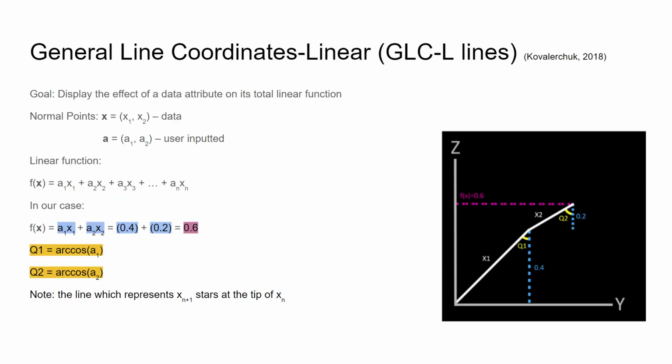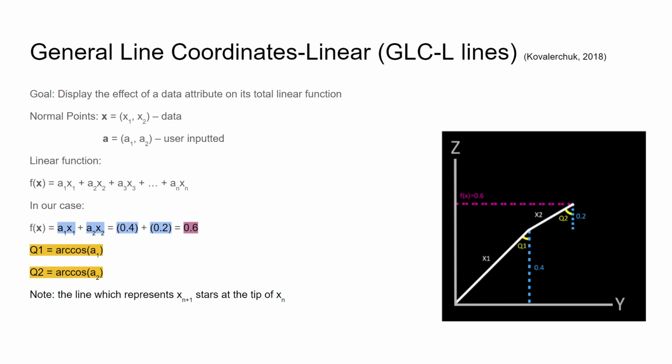First let's go over the general line coordinates, linear, or GLC-L lines. The goal here is to display the effect of a data attribute, it's important that it's a data attribute, on its total linear function. Let's consider that we have two normalized points, meaning that their values are between 0 and 1.